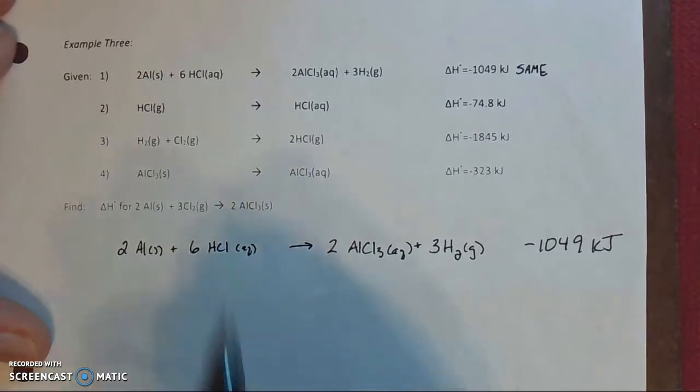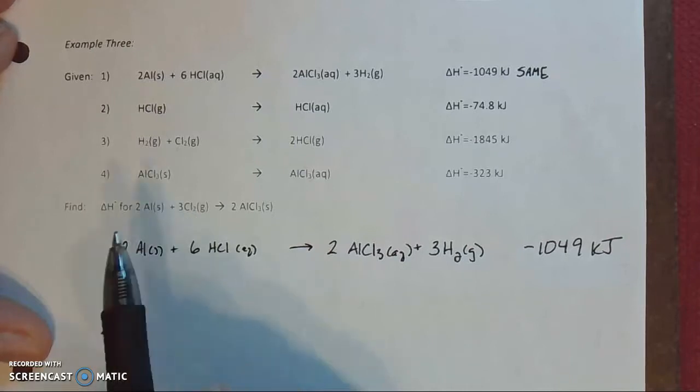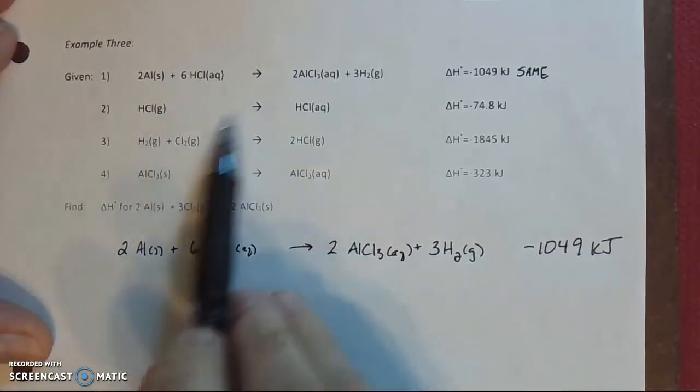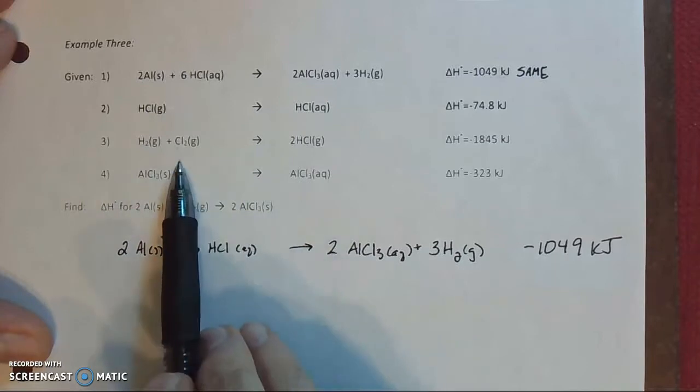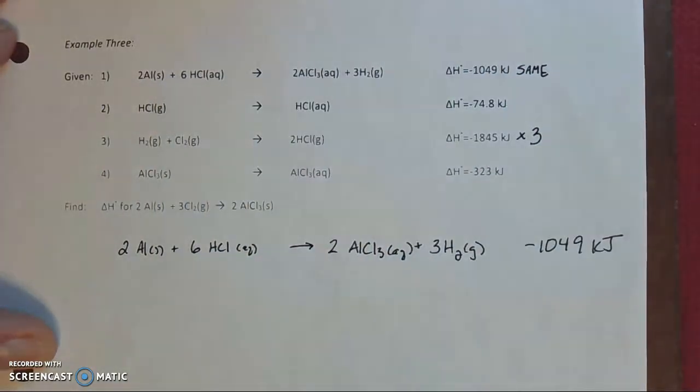Next, I have chlorine. So Cl2 gas, and I need 3 of them. So if I look, the only equation that has chlorine in it is this one, number 3. But we only have 1. So I'm going to have to multiply this one by 3.